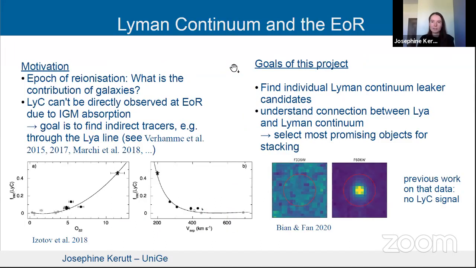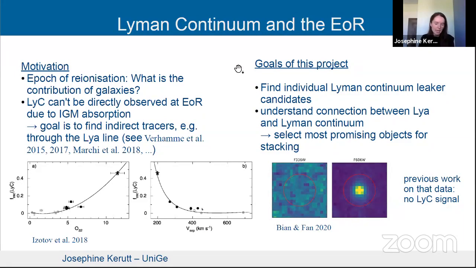I guess for this audience, I don't have to advertise why Lyman continuum emission is interesting, but just to give you a reminder, during the Epoch of Reionization, something reionized the universe, and it's not quite clear yet what the contribution of galaxies to that is. Unfortunately, Lyman continuum can't be directly observed at the Epoch of Reionization, only if you have very clear sight lines in the IGM, because it is absorbed in the IGM.